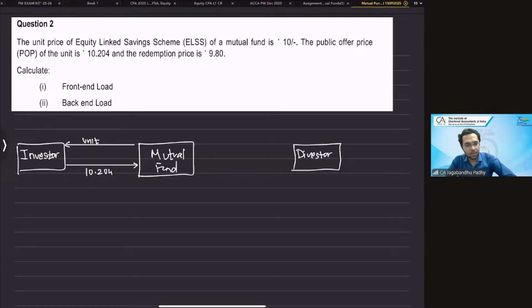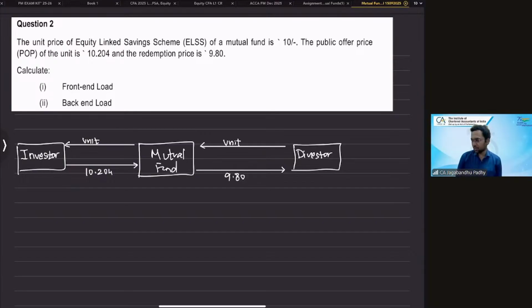On the other side, you have a divestor. The divestor is someone who is going to return the unit to the mutual fund, and wants the redemption or cash value of it, which they have stated to be 9.80. So the investor is someone who wants to buy units.